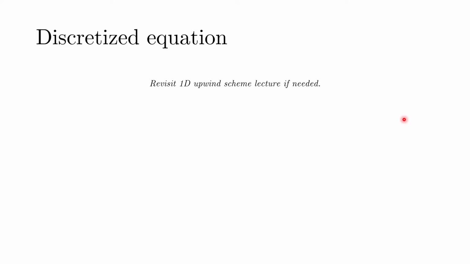I'm not going to simplify it further, but I would give you the final expression that would come out. When you put all these terms together, I would ask you to revisit the one dimension upwind scheme lecture if you are struggling to get the discretized equation in its final form.